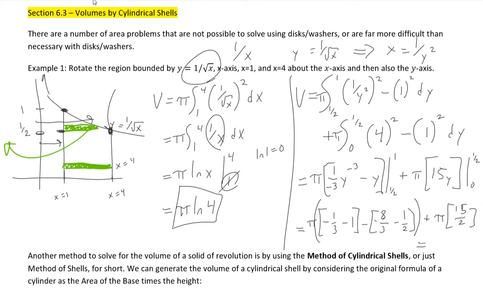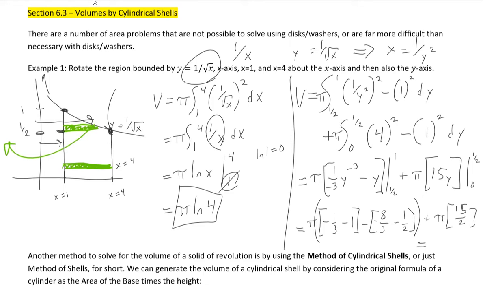Looks like I'm running out of room here, so let's just do a little bit of mental math. Negative 1/3 plus 8/3 gives me 7/3. And we have a minus 1 and another plus 1/2, so that's really a minus 1/2. So 7/3 and minus 1/2, and we also have the 15/2. So minus 1/2 from 15/2 gives me 14/2, right? Yeah, 14/2, which is 7.